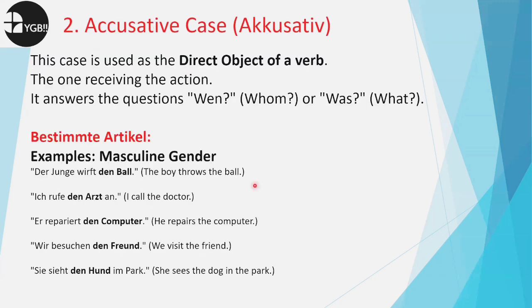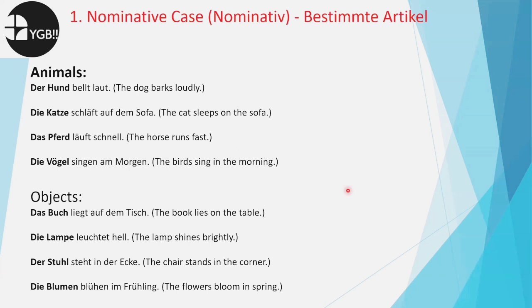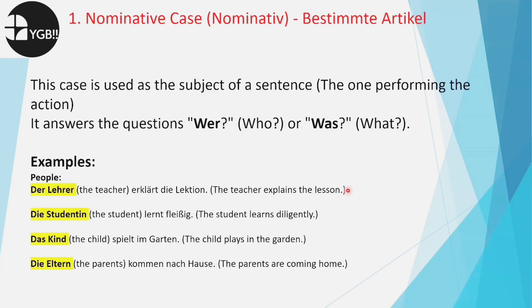In the next video, we will see the accusative case. So that's all for this video. We have covered only the nominative case. I repeat again: the nominative case is used as the subject of a sentence, when you talk about the doer of an action, and it answers wer or was. Wer means who, was means what.